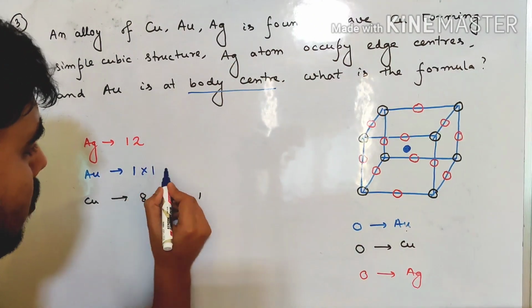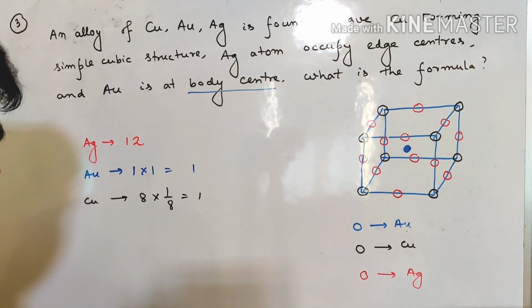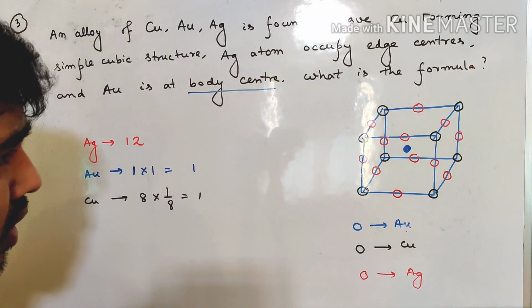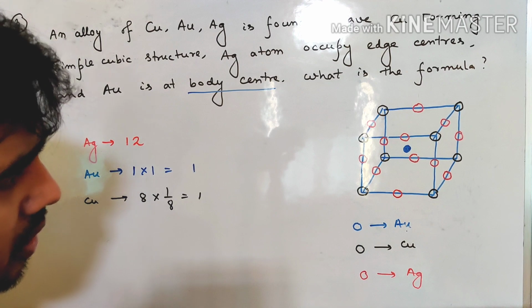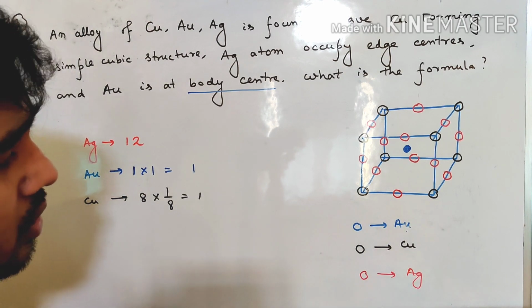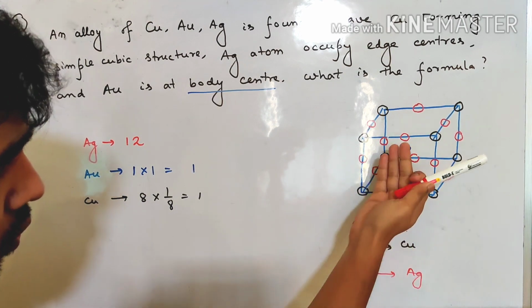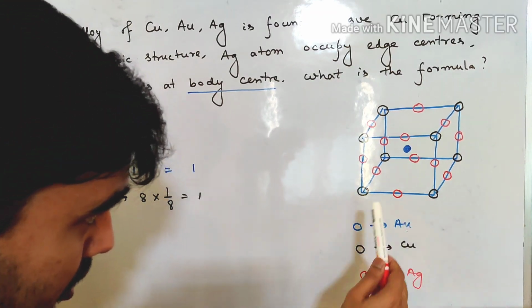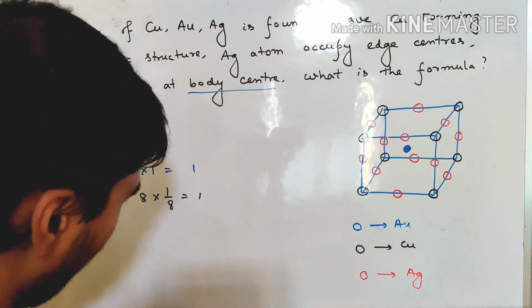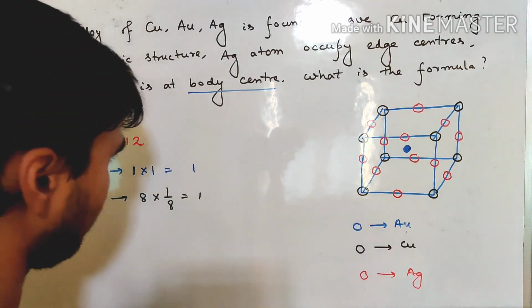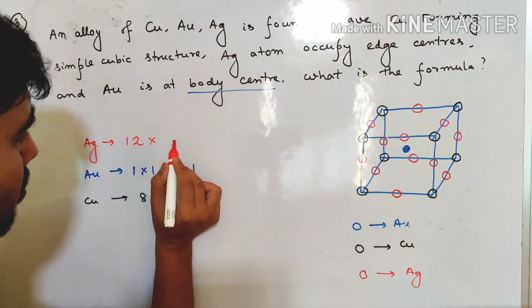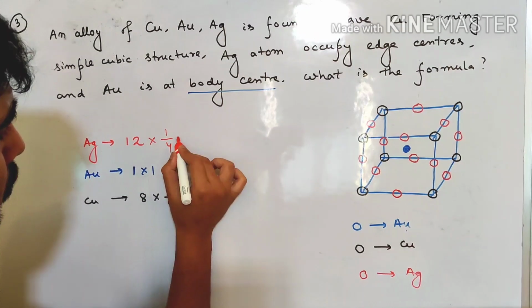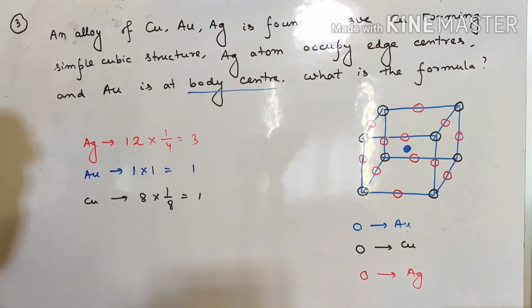The body center atom contributes 1. And in case of silver, we know these atoms are shared by 4 such unit cells. One here, one just underneath this, one towards us. So it is shared by 4 unit cells. So it should be multiplied by 1 by 4. So 3.